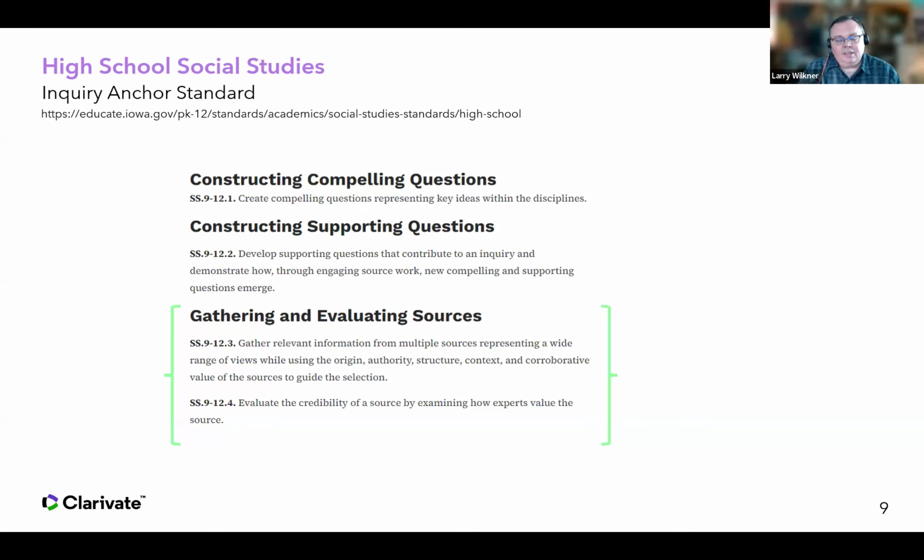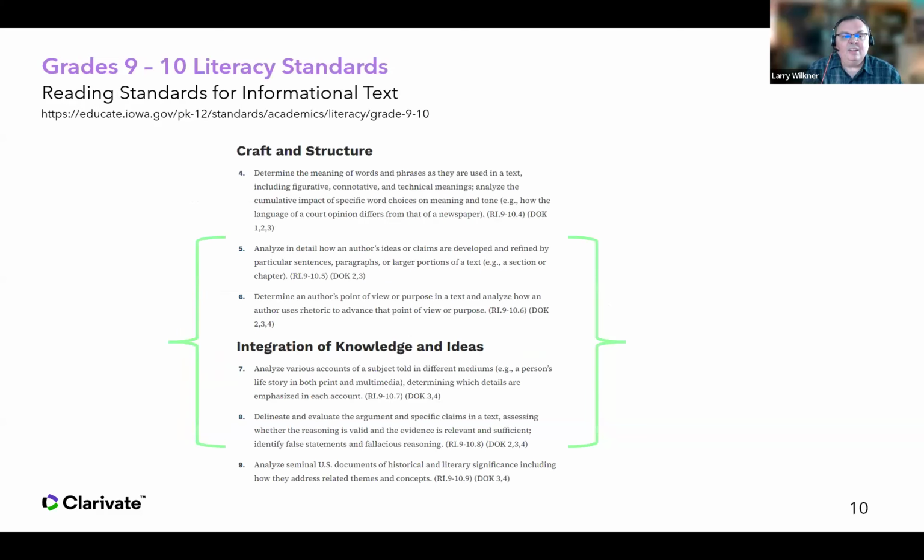Look at the issues highlighted here: gather relevant information from multiple sources representing a wide range of views using the origin, authority, structure, context, and corroborative value of the sources to guide the selection, and evaluate the credibility of a source by examining how experts value the source. Again, the diversity of viewpoints that you're going to find in SIRS Issues Researcher can directly address that standard.